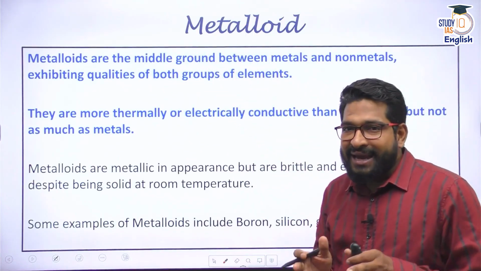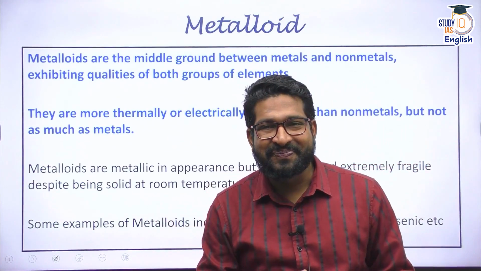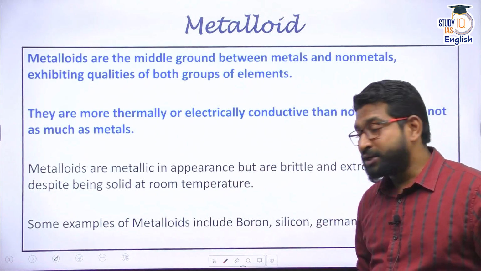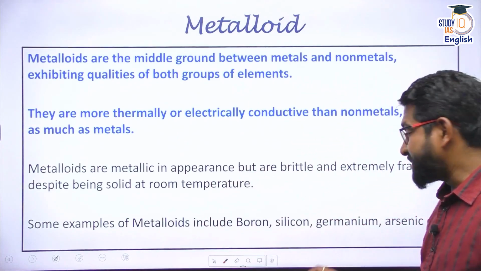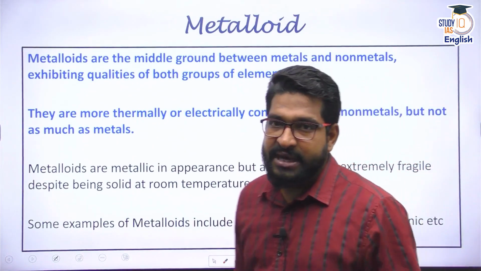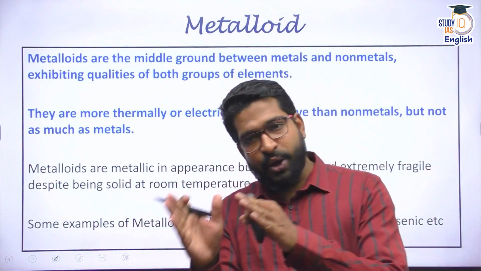Why? Because their characteristics are somewhere in between metals and non-metals. The classic example being semiconductors that we use in our electronic industry. Some of the examples are silicon, germanium, etc. So metalloids are the ones which have characteristics between metals and non-metals.